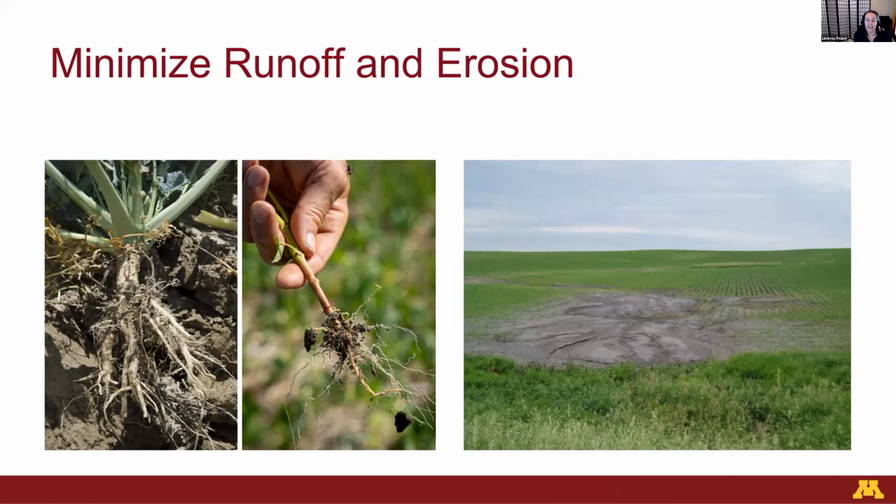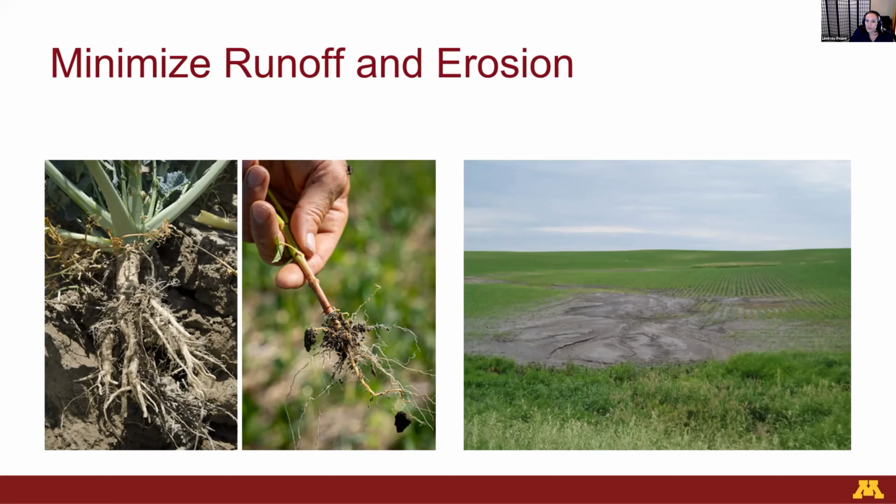And I think having those living roots in the ground to stabilize everything is a potential solution to the problem. It's certainly not the only way to keep soil and water in place. But these are just some of the questions and the trade-offs that we need to think about when it comes to this issue of phosphorus management.